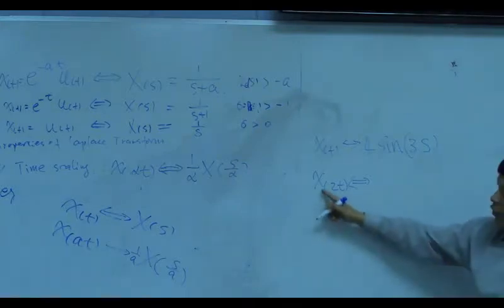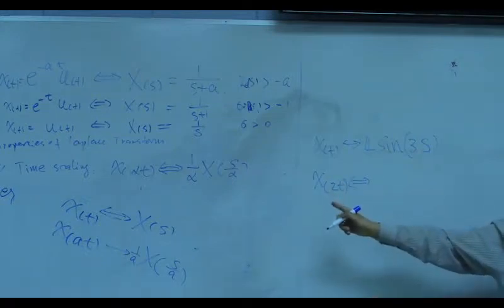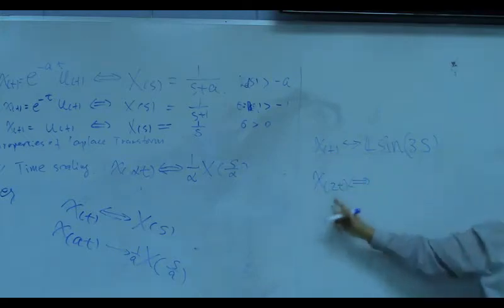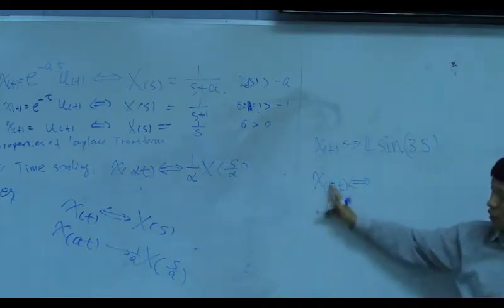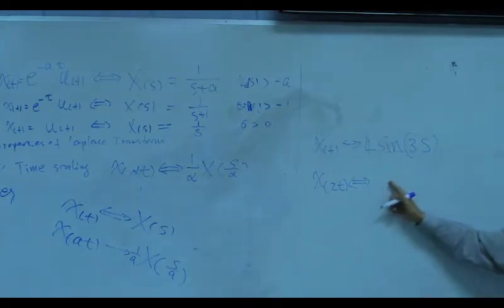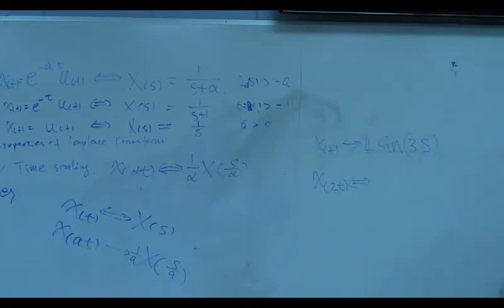Okay, the first one we know. This one is called time scaling. The only difference between this and this is we only multiply the time by 2. The form does not change. So we can get the Laplace transform of this from here by some manipulation.